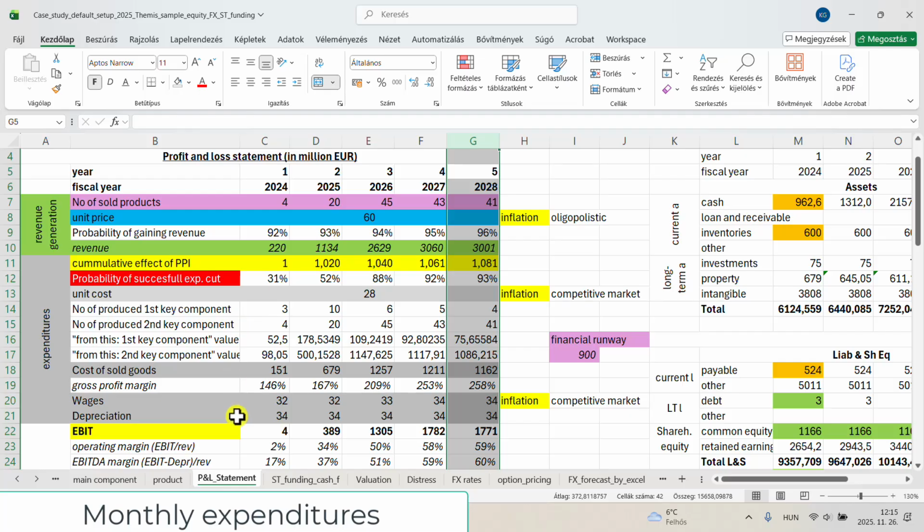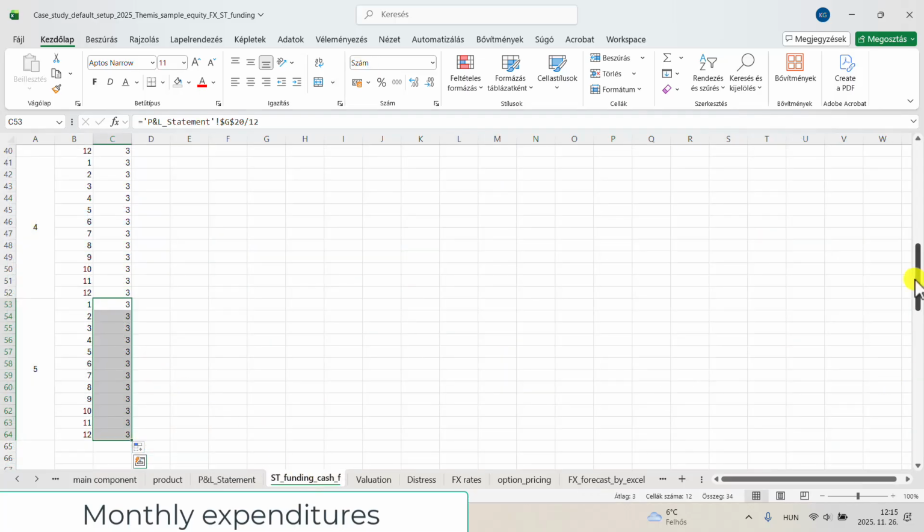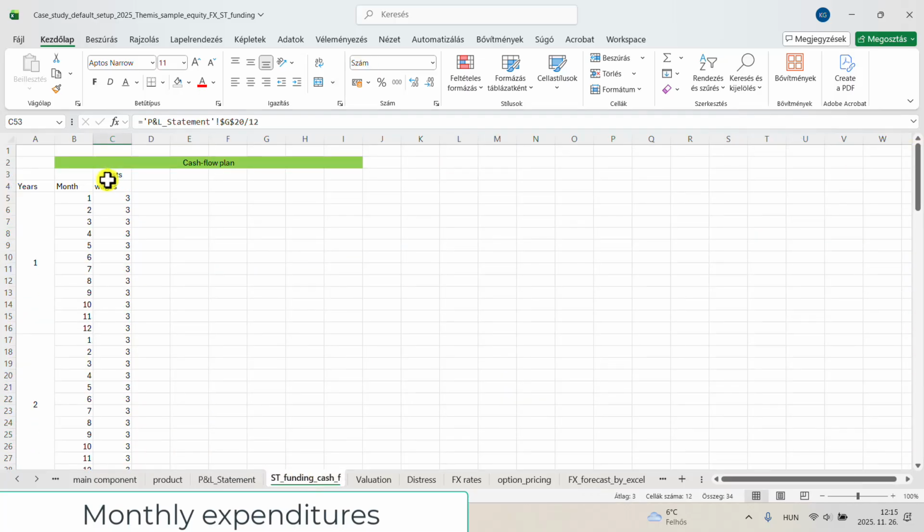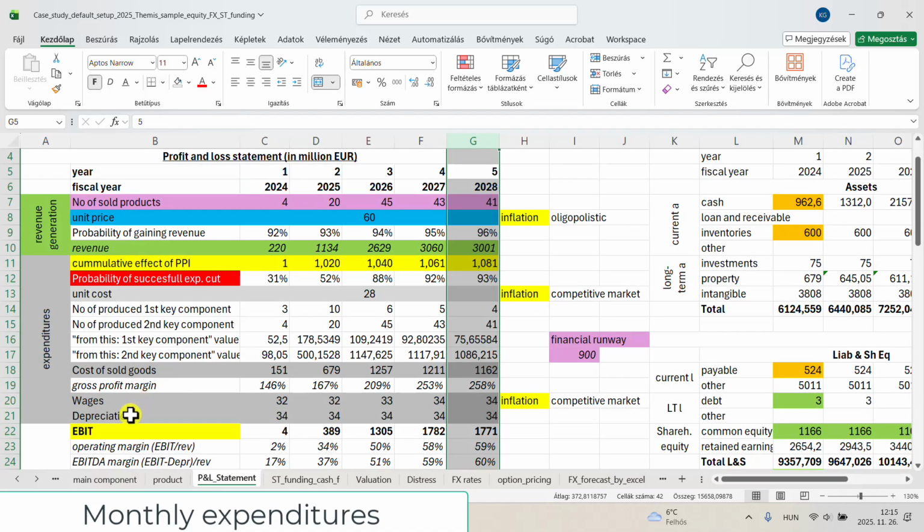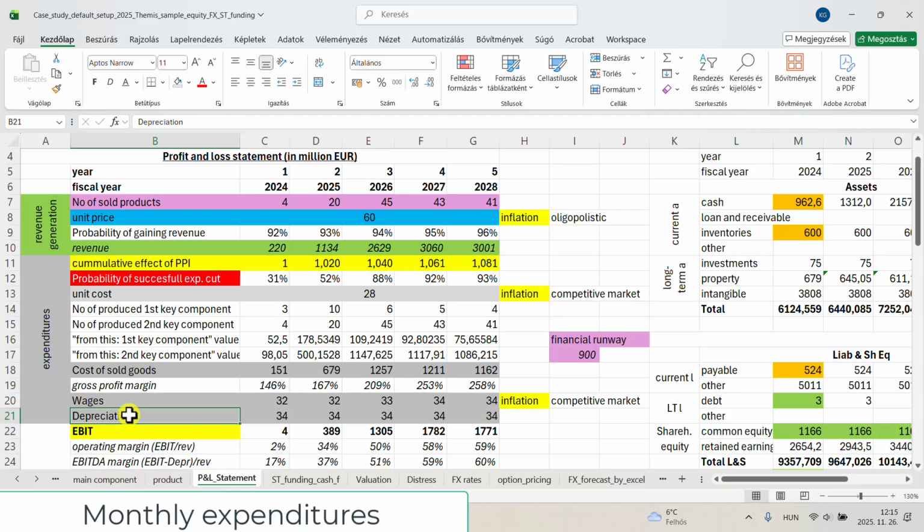Yes, the fifth year in the G column, so okay, wages are done. Then, what kind of other wages do we have? We don't care about depreciation because right now we are focusing only on cash flow movement.